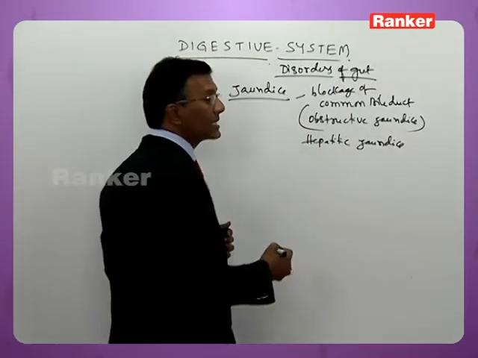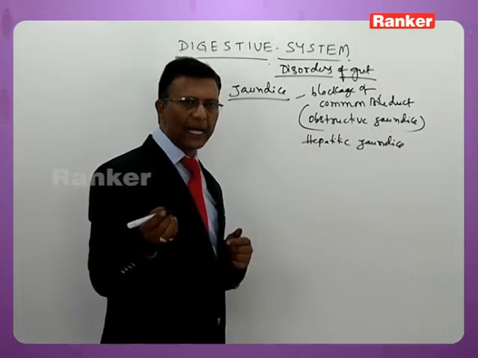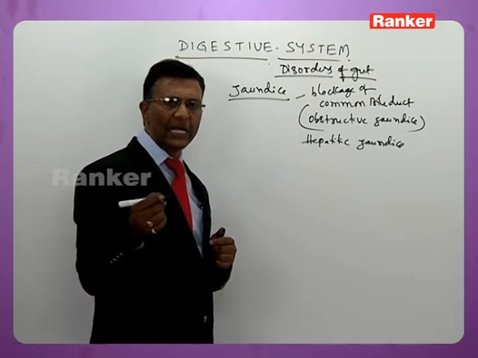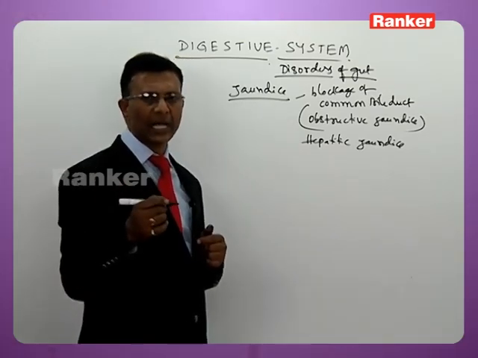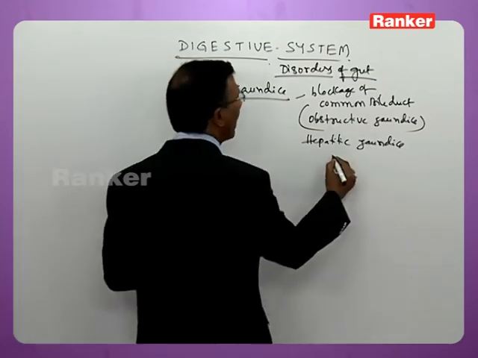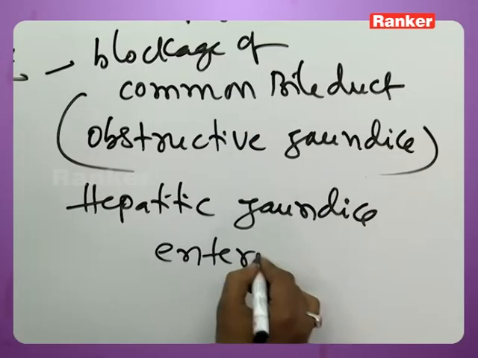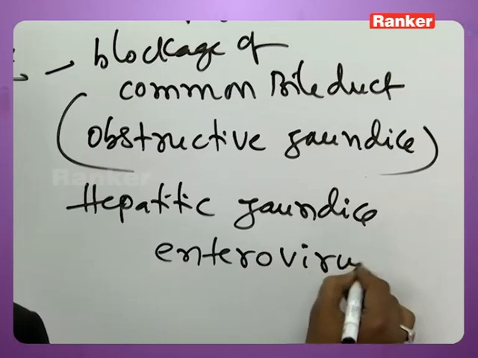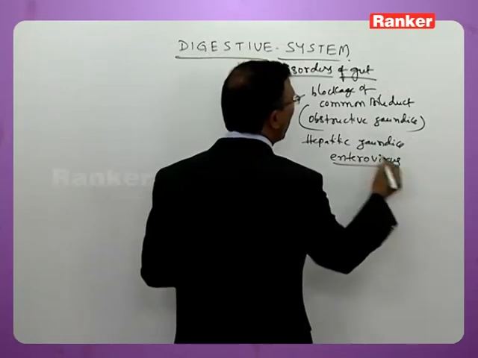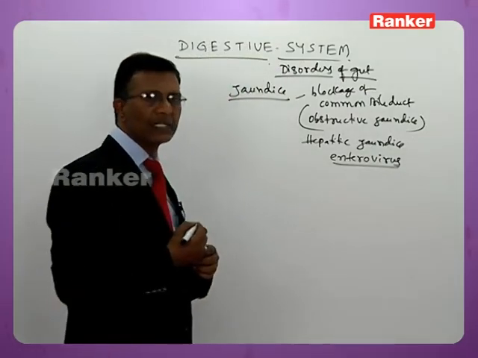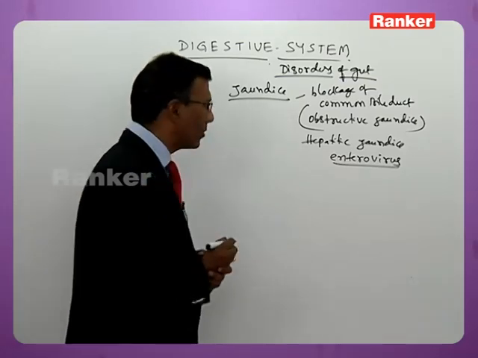Hepatic jaundice is caused by viruses, like you learnt already: hepatitis A, B, C, D, E, five kinds of viruses. All of them belong to the enterovirus group. This enterovirus group causes hepatic jaundice, which is also called hepatitis.